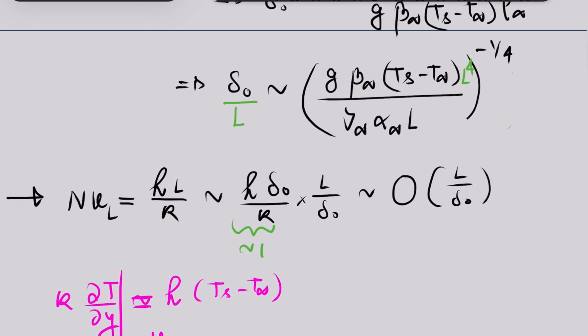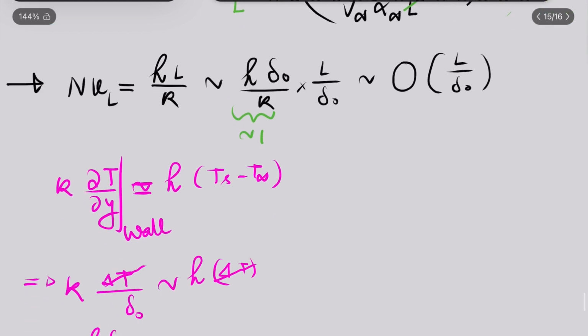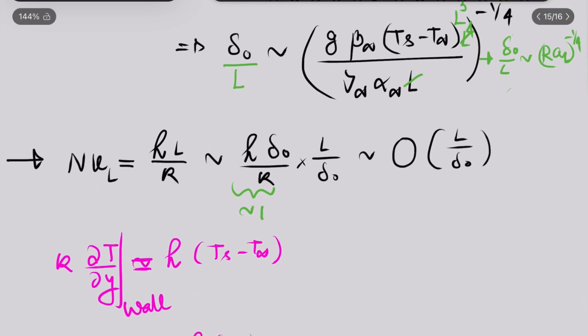That means this L to the power 4 will be there, and this will be L cube. So you will get that delta naught by L is of the order of Rayleigh number to the power minus 1 by 4. This has to be the case, because we got that the Nusselt number is of the order of Rayleigh number to the power 1 by 4.